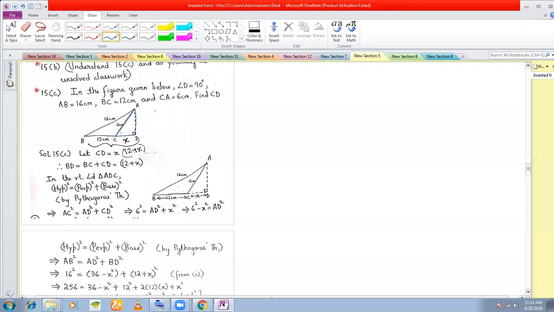In this right angle triangle, AC is your hypotenuse, the side opposite to the right angle. So you can get a relation between the hypotenuse, the perpendicular and the base, and you'll get an expression in X. Again, consider this red right angle triangle, this bigger one.